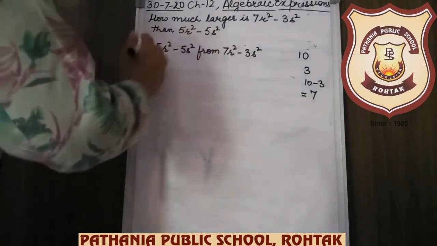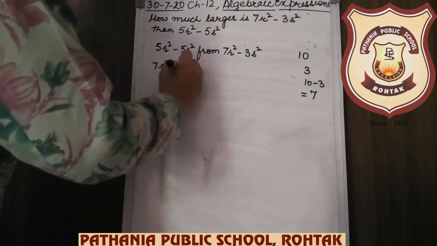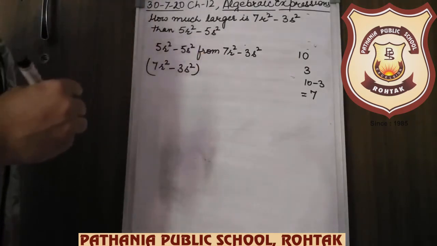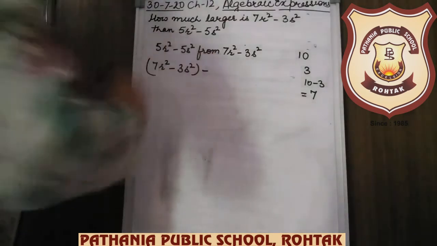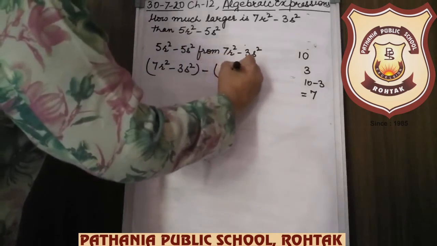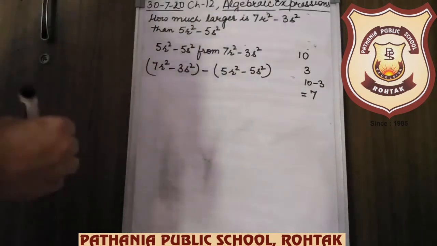So as from is there, I have written the statement using from. So my first expression is going to be this, minus sign, 5r square minus 5s square, close the brackets.